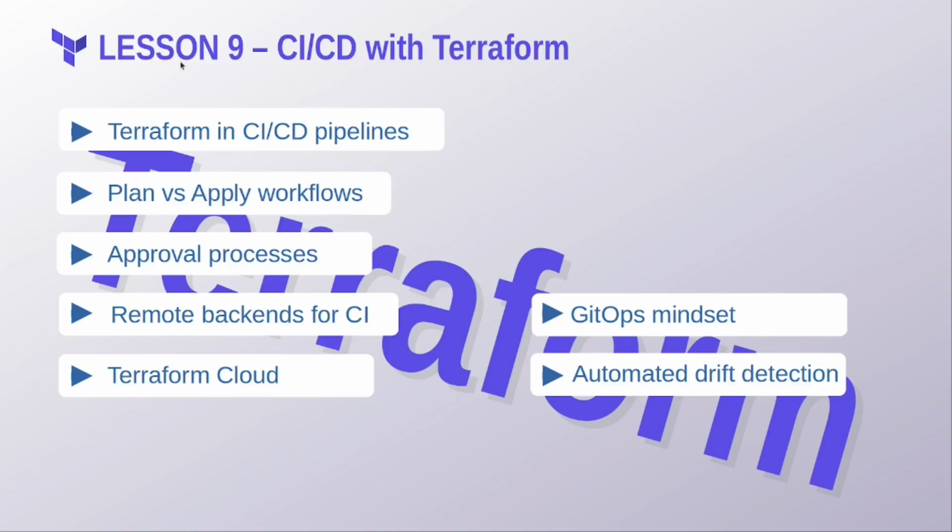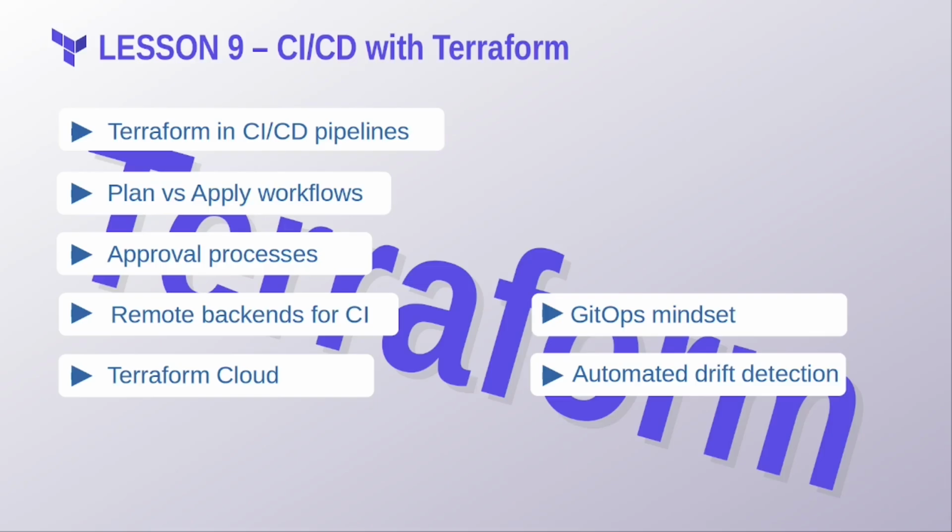In this lesson, we are going to talk about something very important for modern DevOps teams: CI/CD pipelines for infrastructure. And the key question for today is, how do you automate infrastructure deployment? But not just automation. The real question is, how do you automate infrastructure deployment in a safe, controlled, and scalable way for teams?